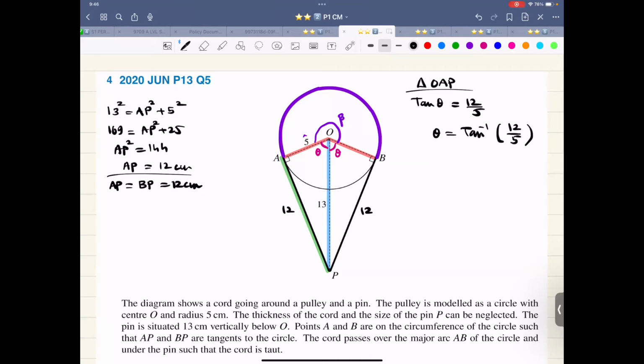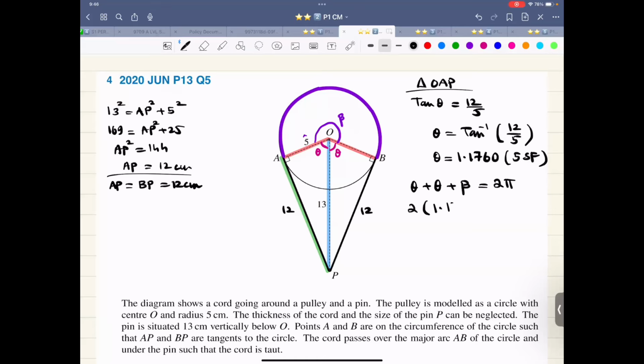Theta is tan inverse of 12 over 5. Now let me grab my calculator. Make sure it's in radian mode. 12 divided by 5 is 2.4, and then tan inverse, and this comes out to be 1.1760. Theta is 1.1760, and this is 5 SF. Not bad. And then we have 2 theta plus beta equal to 2 pi radians.